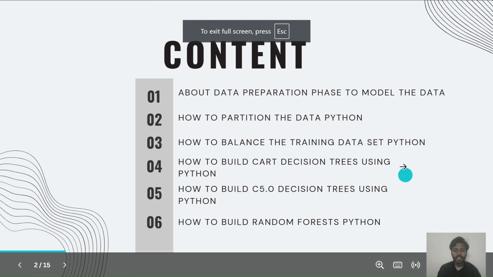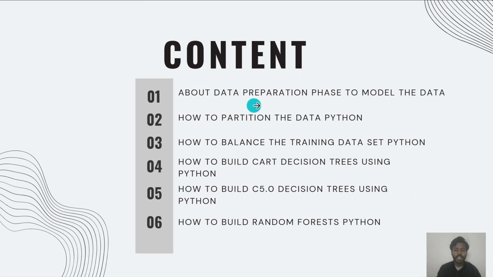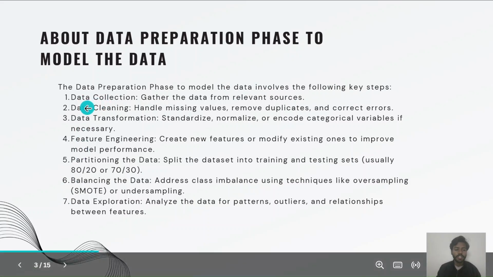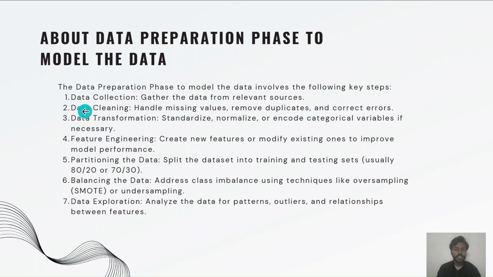So first of all, we discuss the data preparation phase to model the data. The data preparation phase involves the following key steps. There are 7 steps here. We discuss each step one by one. First is data collection, so gather the data from relevant sources.